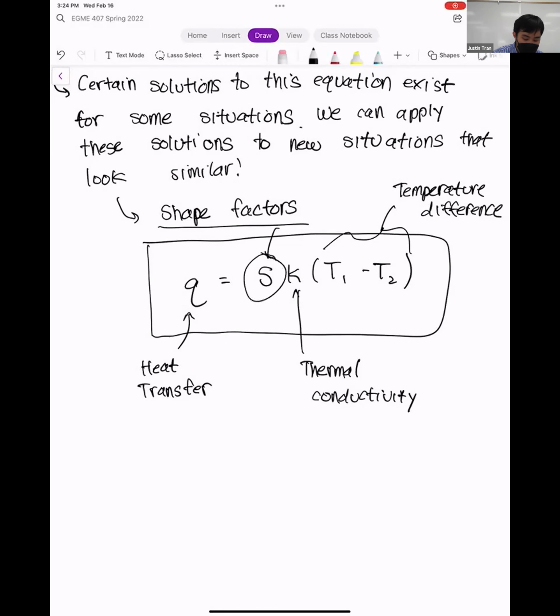So this shape factor, the way we use it is that we basically look these up in a table. We look them up in a table for situations that look similar to our situation.